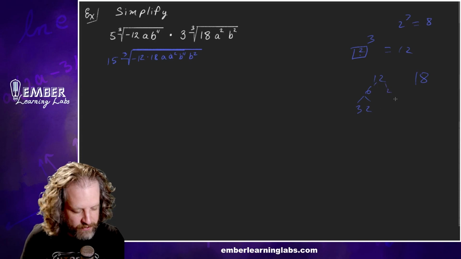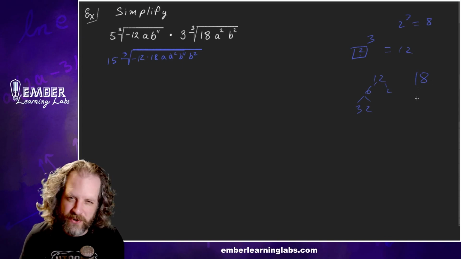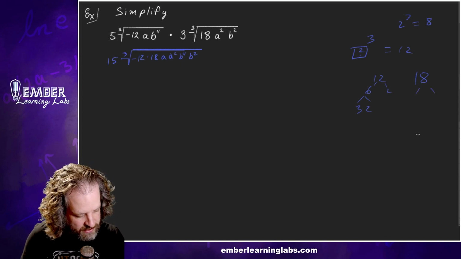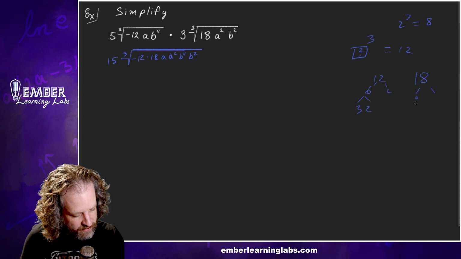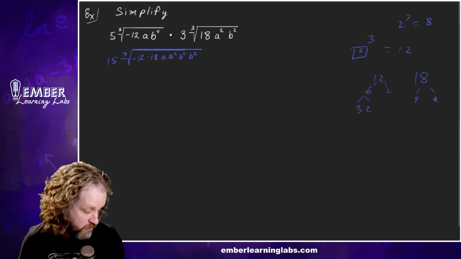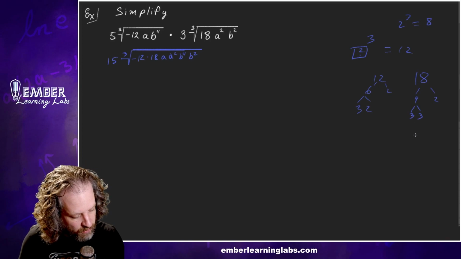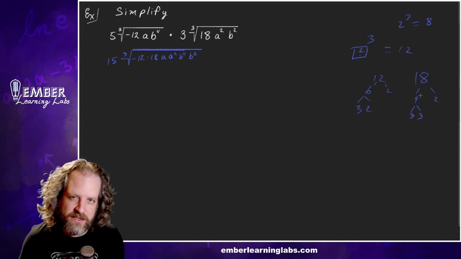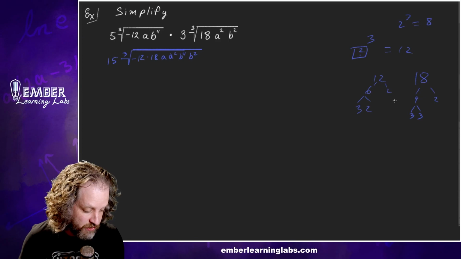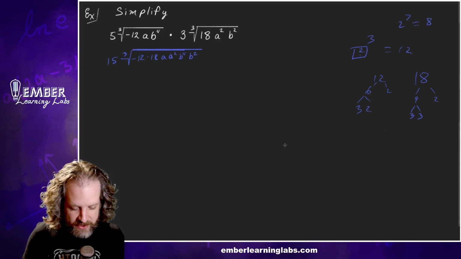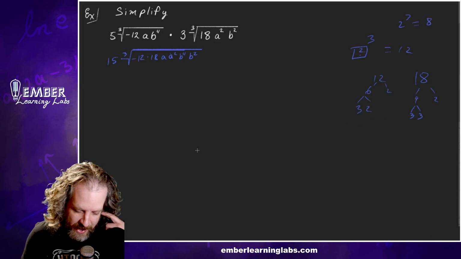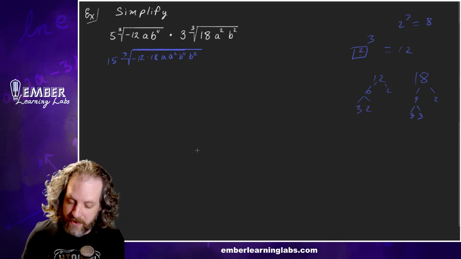So we've got this into 3s and 2s. Can we turn 18 into 3s and 2s? Maybe. Let's see. 18, we can do 9 and 2. That 2, we've got a 2, and 3s. So we can turn 18 into 3s and 2s, and we can turn 12 into 3s and 2s. So that might be useful.